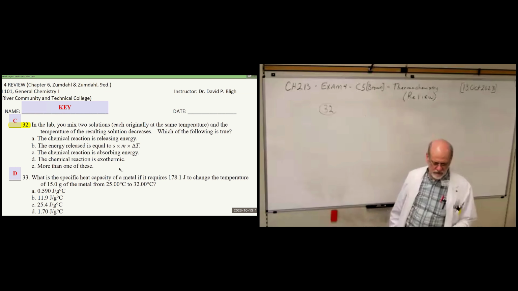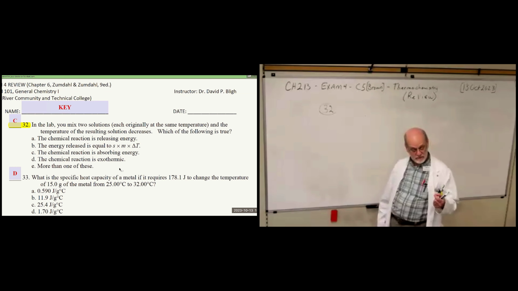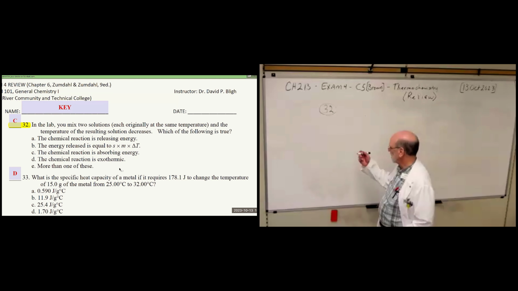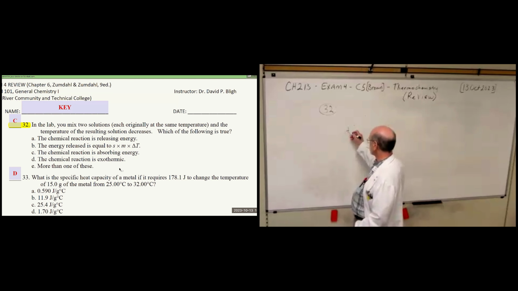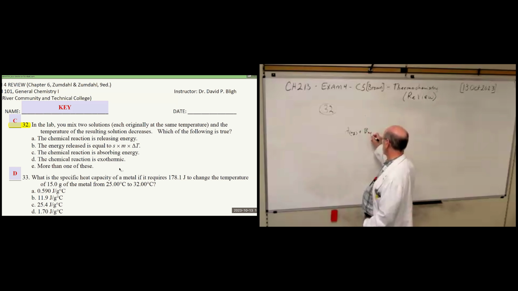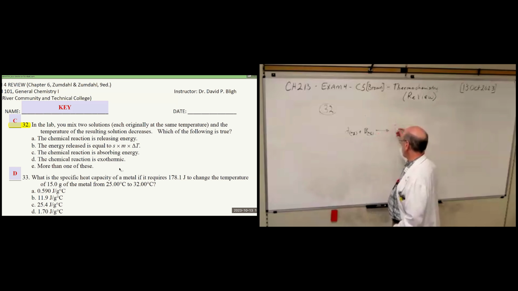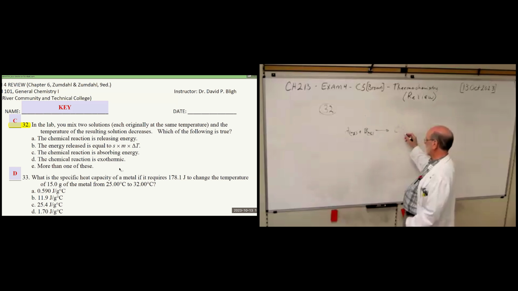In the lab, you mix two solutions, each originally at the same temperature, and the temperature of the resulting solution decreases. Which of the following is true? So in the lab, we add two solutions, I'm going to say they're aqueous, and they make a product, whatever it is.